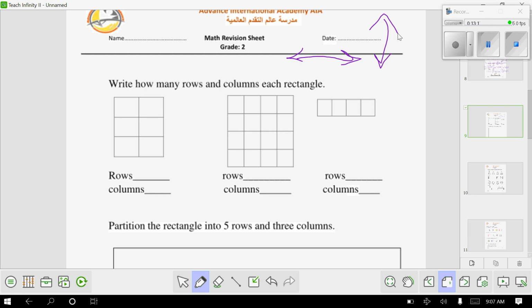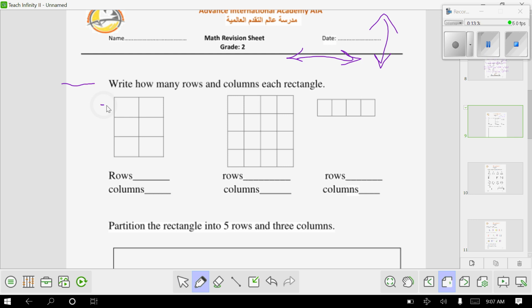So when I want to make columns or rows, I have to count like this. Here is the question. Write how many rows and how many columns. Teacher told me row is side to side.